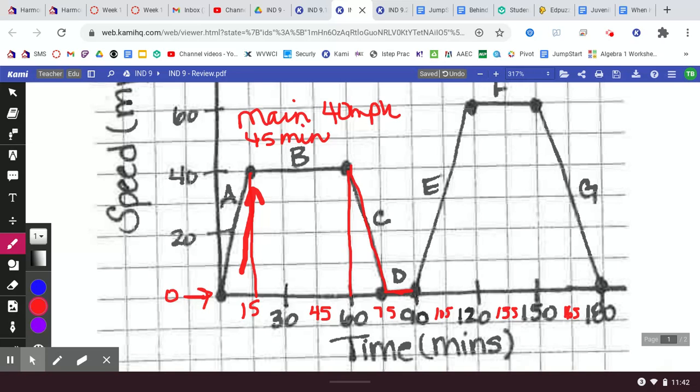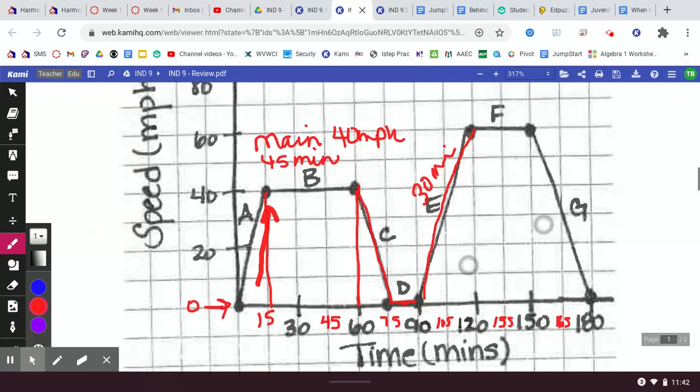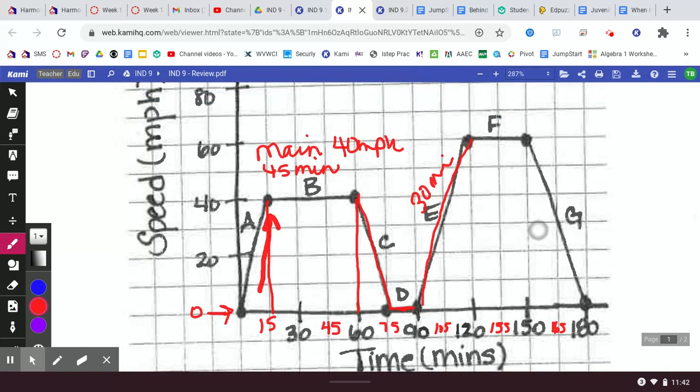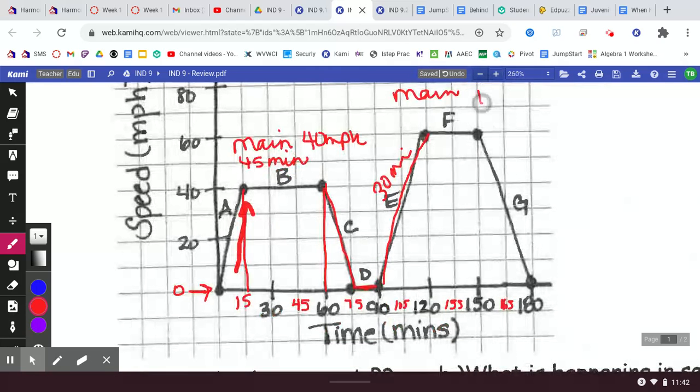All right, what happens in segment E? Good. They increase their speed to 60 miles an hour, and it took 30 minutes for that to happen. Good. And then what happens in F? Good. Maintain 60 miles per hour for, what did we say, 30?